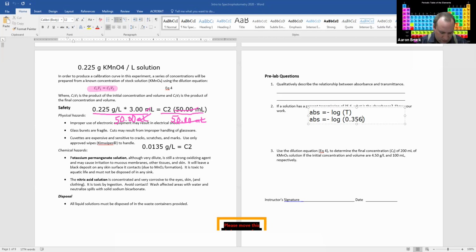And so I take the log of 0.356, take the opposite, so turn the negative into a positive, and I get my absorbance there. And then this dilution equation is ultimately how you will solve for number 3.